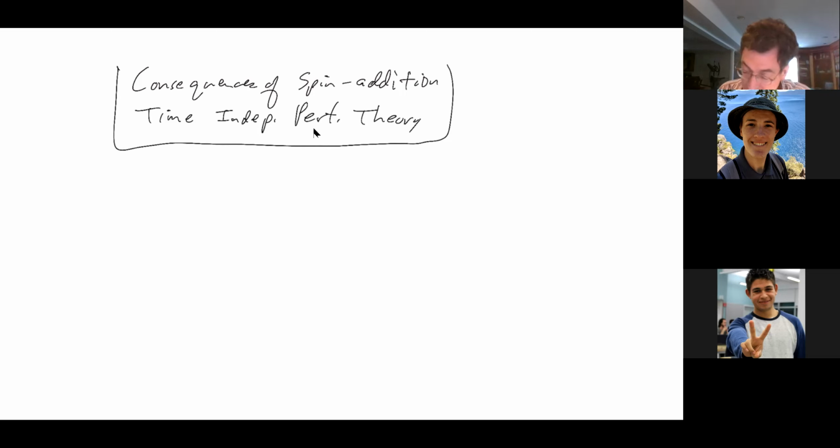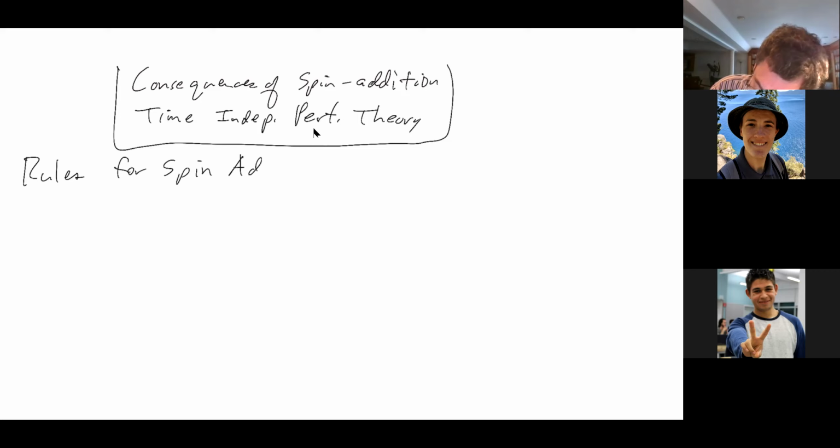Let's remind ourselves what we did last time. We derived, I'll say derived in quotes, the rules for spin addition. Really, we didn't derive them. We did an example and then used the process of induction to say that it's a general rule.